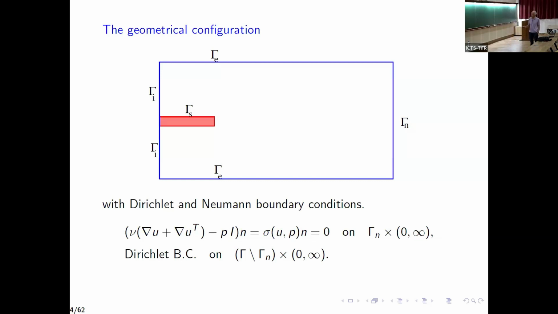It's a given profile plus some perturbation. And on the structure here, the velocity of the fluid, which will be equal to the velocity of the displacement of the beam, will be given by this displacement.